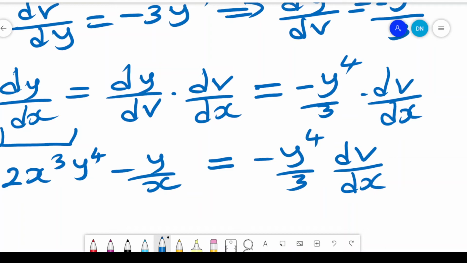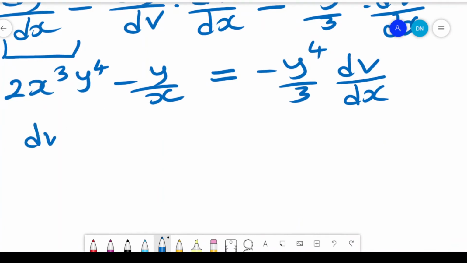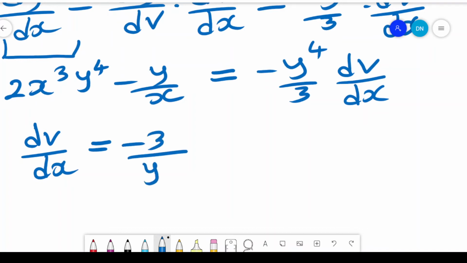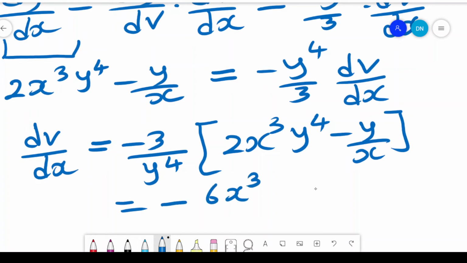Now, if we make dv/dx the subject of the formula, we have dv/dx = -3/y^4 times (x^3 y^4 - y/x). And that reduces to (-3x^3 + 3/(x y^3)).